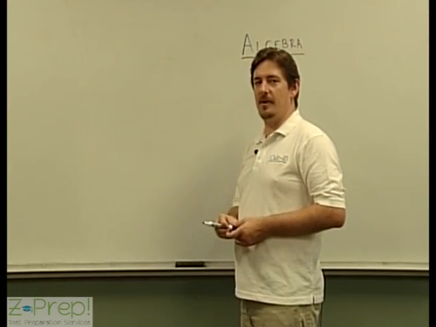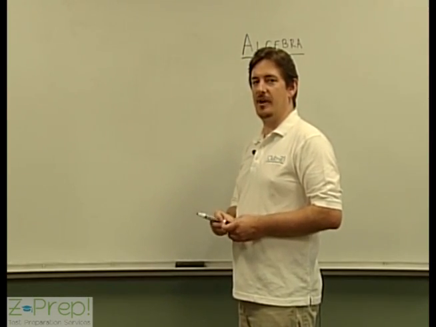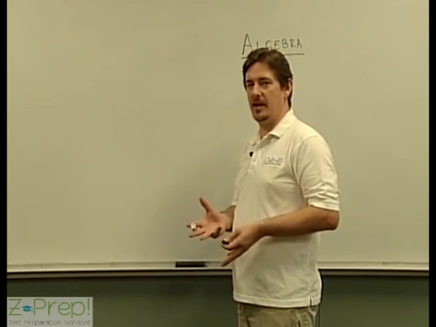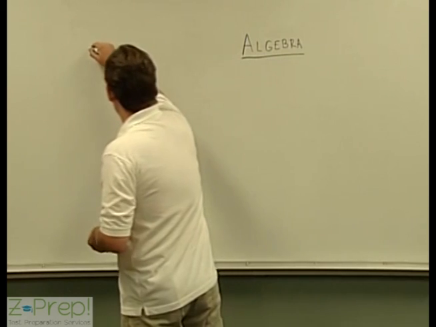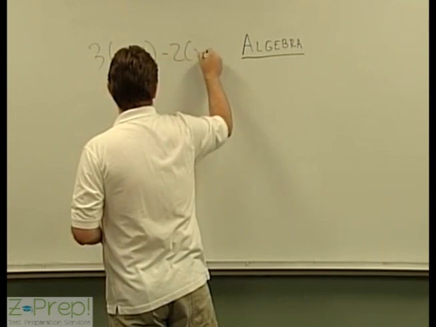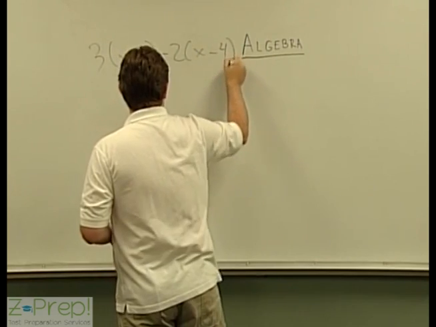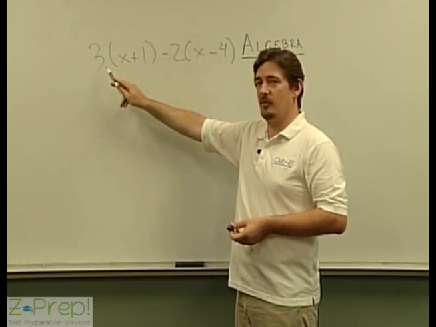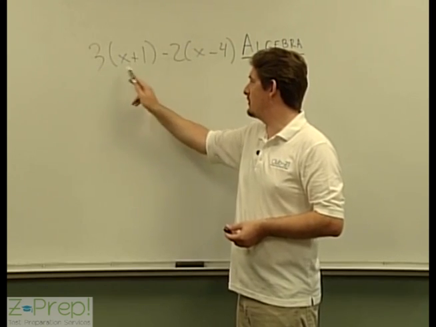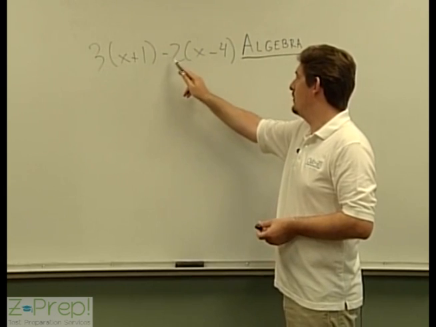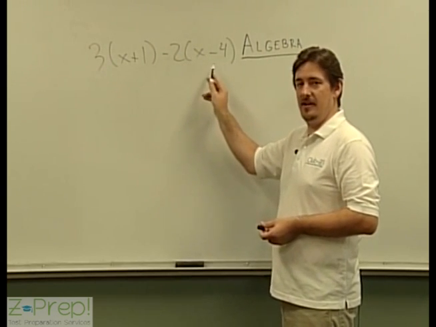Another extremely common error that people make is forgetting to distribute a negative number when there's a fraction or a more complicated expression. In this case, nearly everyone will remember to distribute the 3 in, to distribute the 2 in, but they will make the error where they will subtract 8 at the very end.